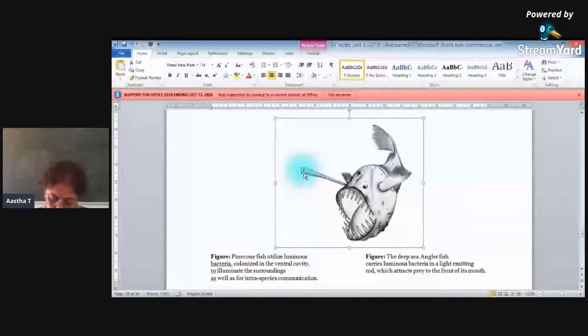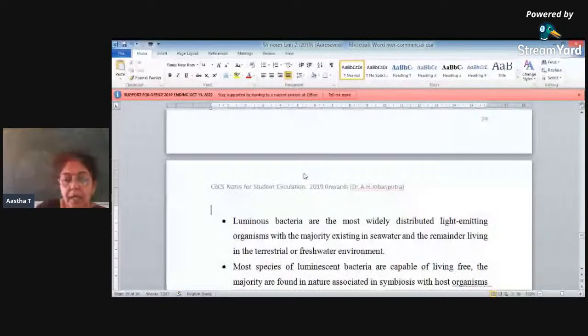Wait a second. Okay. So, anglerfish and pincone fish. Luminescent bacteria are light emitting microorganisms, and they usually are found in sea water as well as in some terrestrial water also.